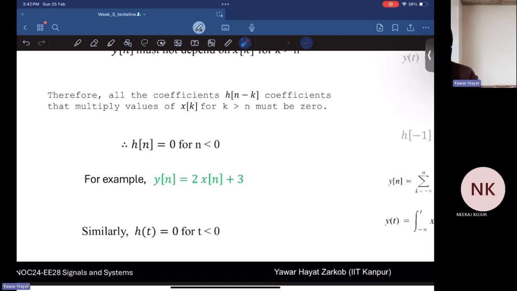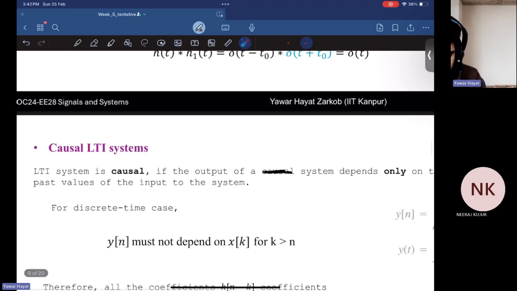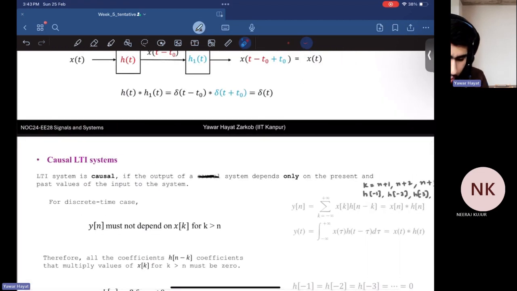But we did not impose any such condition that a zero input should give a zero output. The only condition that we imposed on the system was that the output should depend on the present and past values.